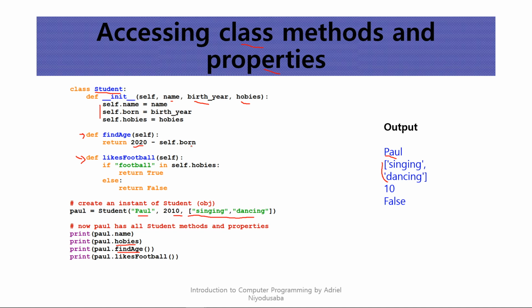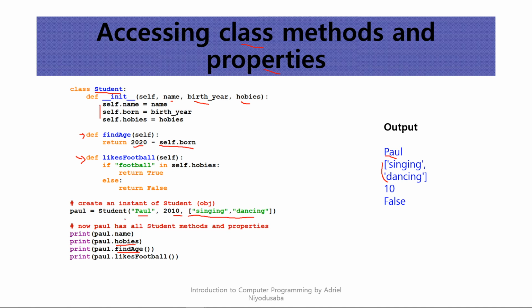Notice that this self.born is not defined inside this function, we didn't define this variable inside it, but we are still able to access it because it's a part of the class. So when we say self.born, self means, okay, check inside this very object we are in and check for its property called born, and it will be able to access it, and it will return 10, which is 2020 minus 2010.